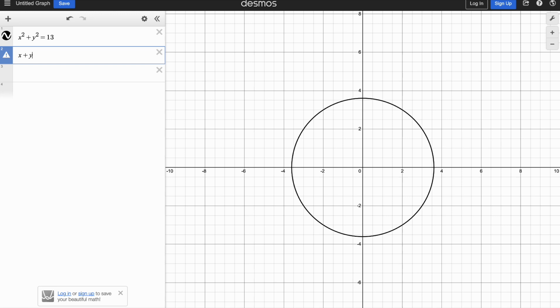I want you to type in the two solutions into the chat, but don't press enter. I'll give you a minute just to get your two solutions.